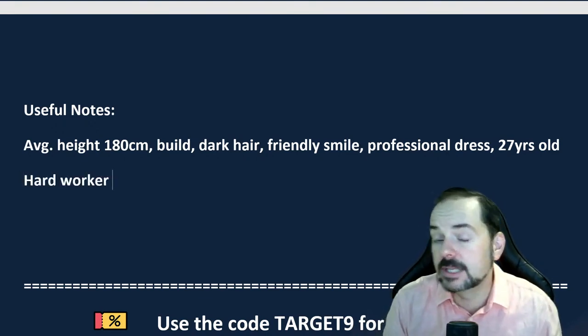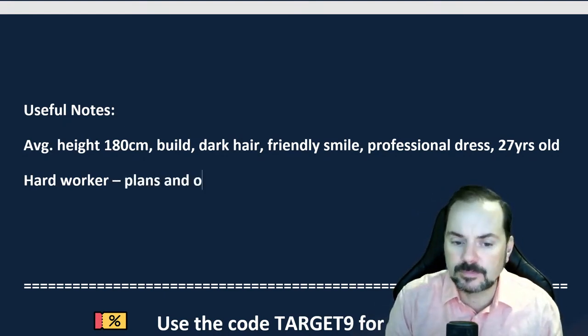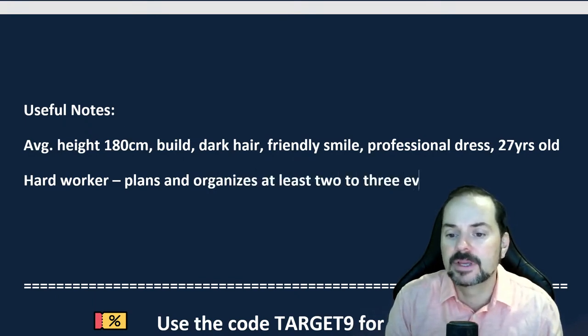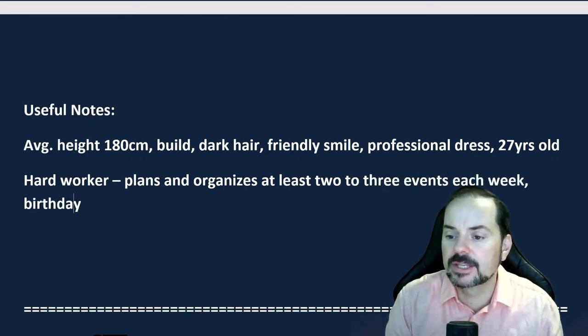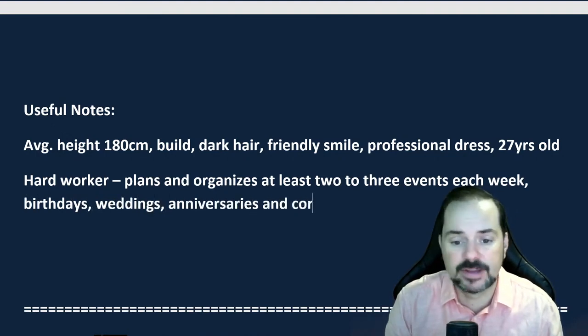It's loosely connected to being creative. Plans and organizes at least 2 to 3 events each week. Birthdays, weddings, anniversaries, and corporate events.